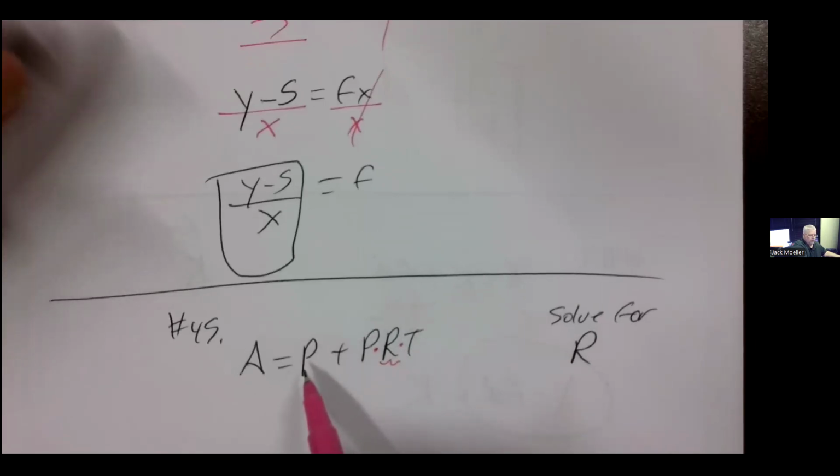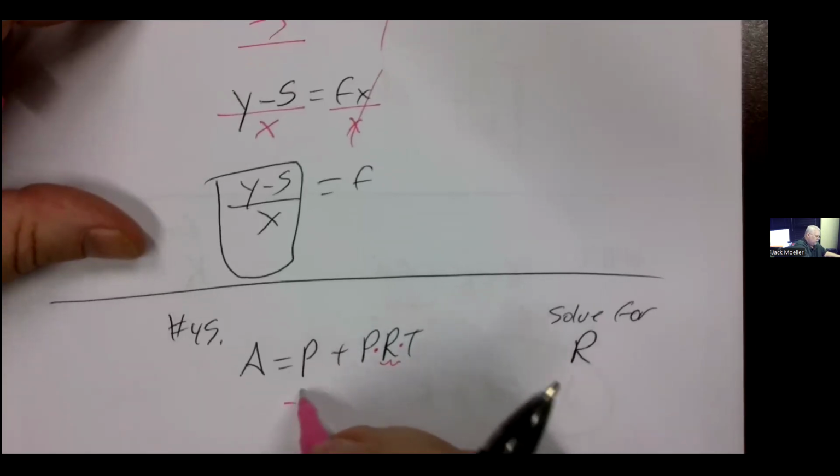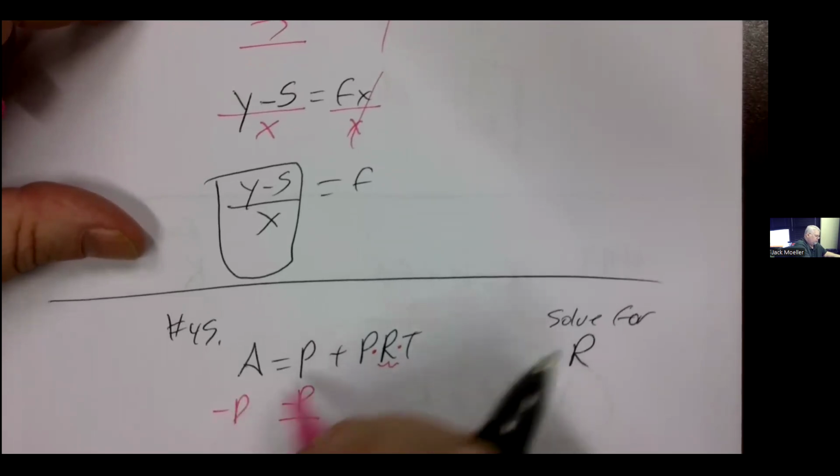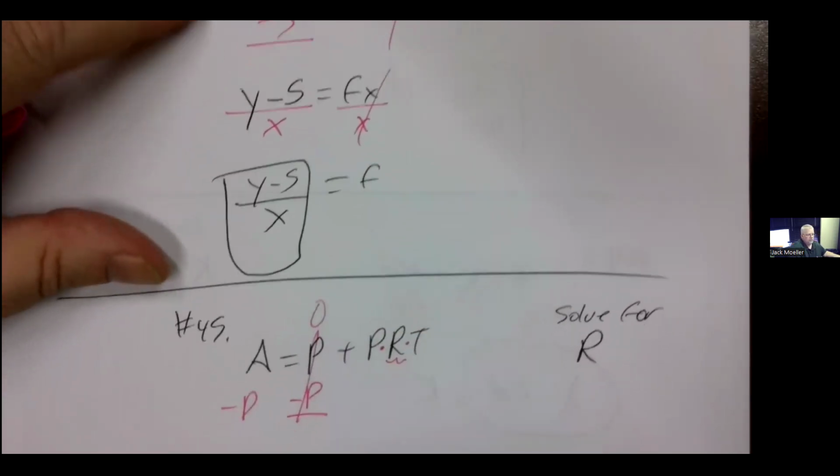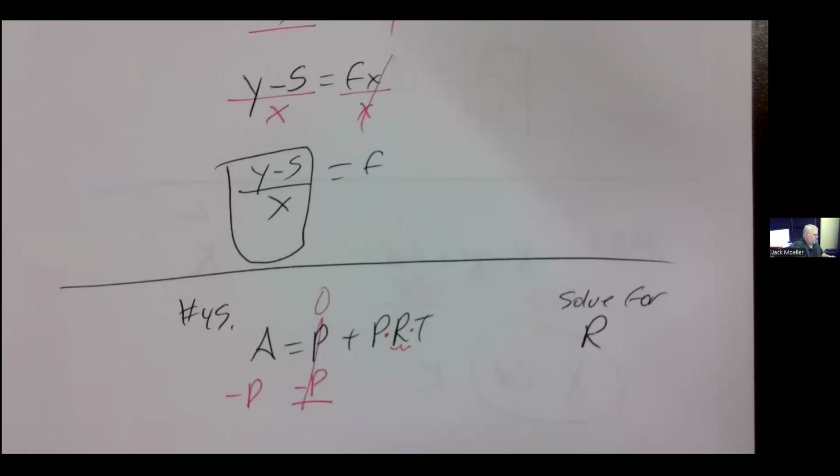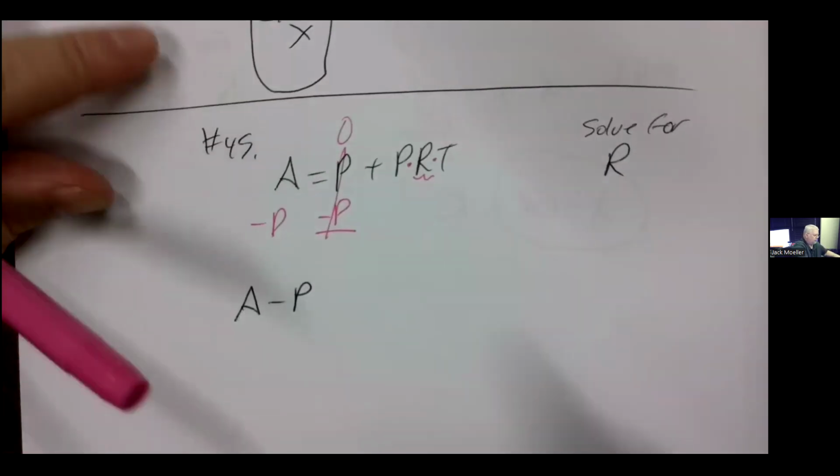Sometimes we're going to move this P, so we do our add or subtract first. So you subtract P from both sides, that zeroes that out. You have A minus P. Can't do anything with that because they're unlike terms.